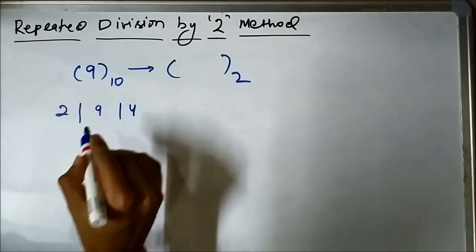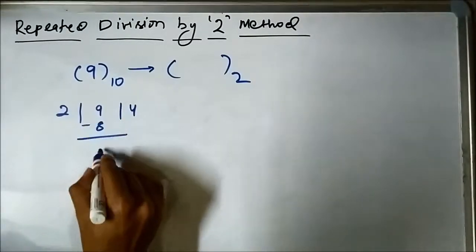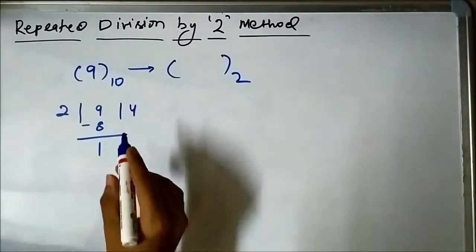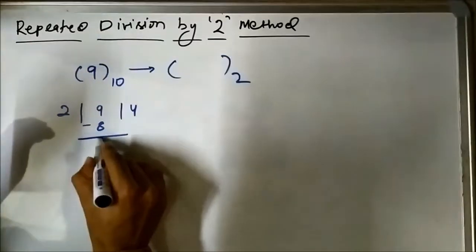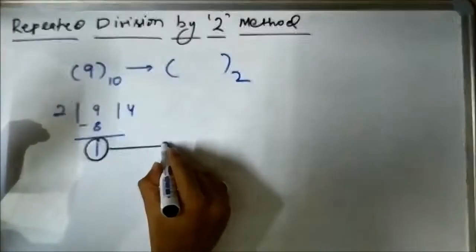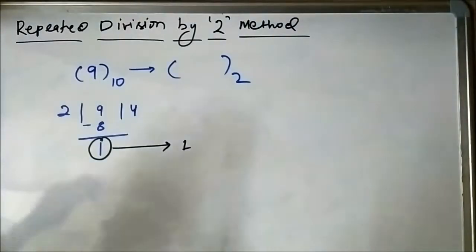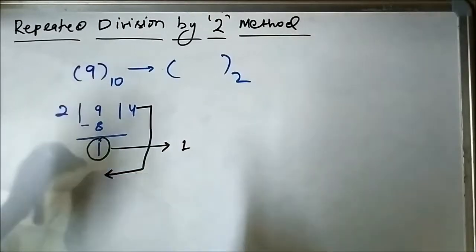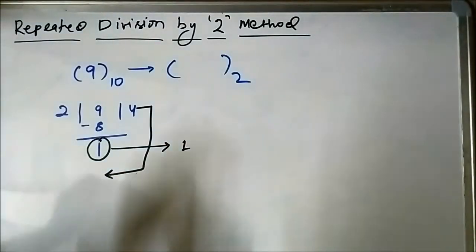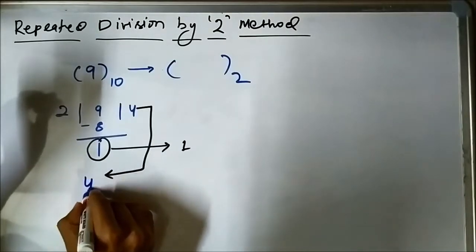We get 4. If we multiply 4 with 2, we get 8 here, and we get a remainder of 1. This remainder 1 goes outside. This quotient 4 goes here. So we again divide the quotient that we get by 2.